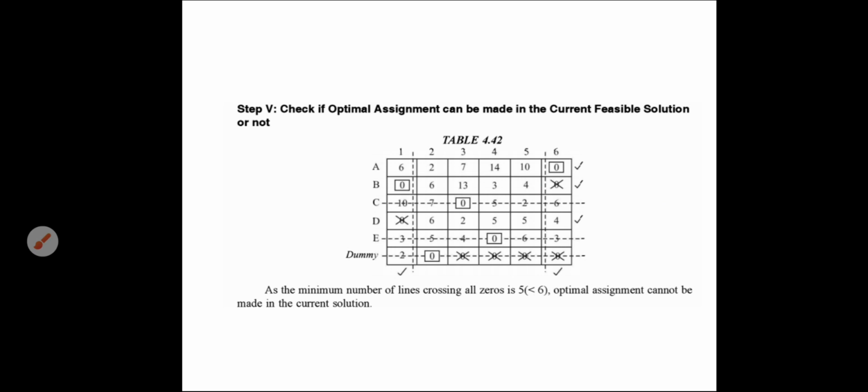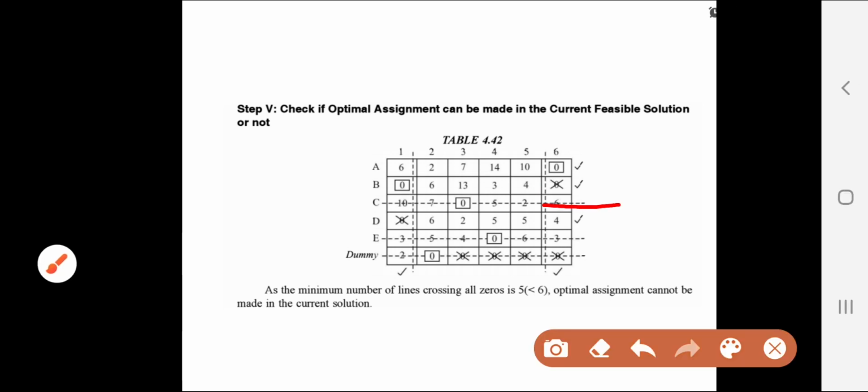So you draw lines for unmarked rows. So the third row is not marked, so you draw a line. Then the fifth row is not marked, so you draw a line here also. Okay, and you draw a few more lines for marked columns.